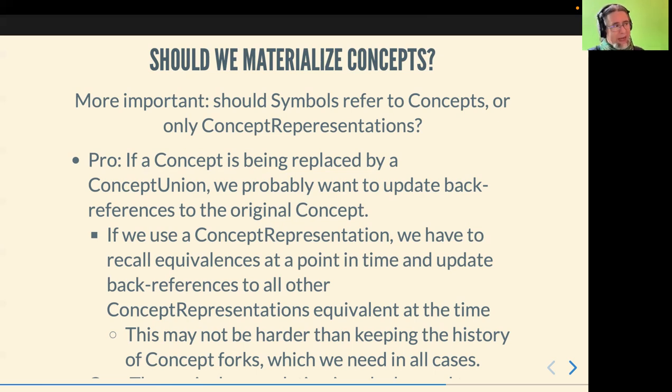But actually, I don't think it's worse than keeping track of the equivalence class evolution, which we would need anyway, because if we look at the concept as an equivalence class and then we fork it, we have to know something that was looking at the equivalence class before it joined or after it joined, or something might have been declared distinct afterwards.